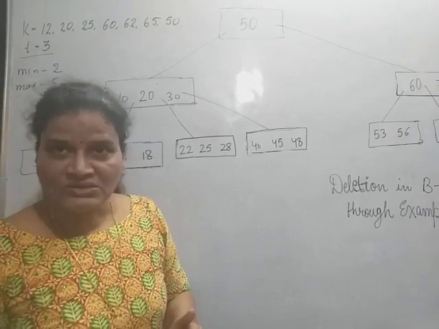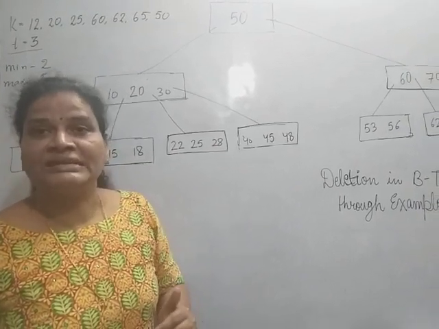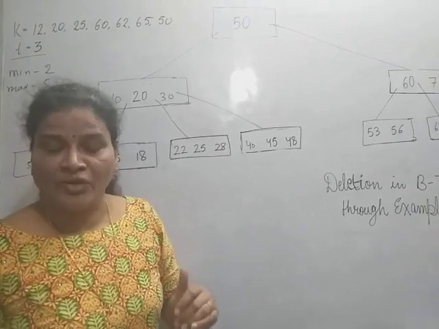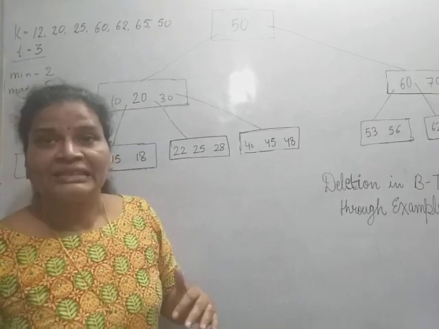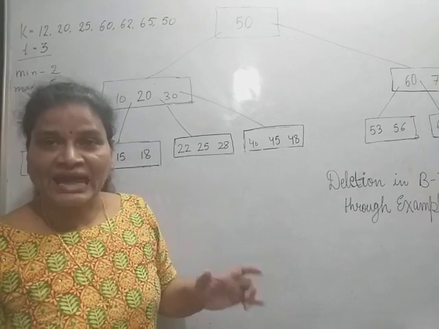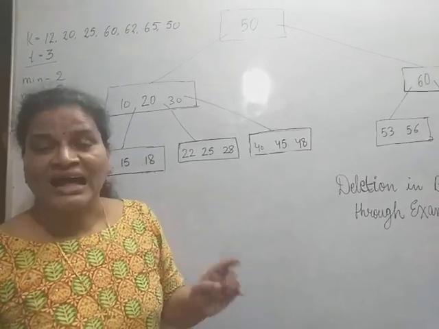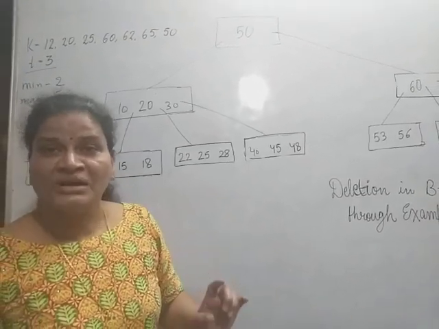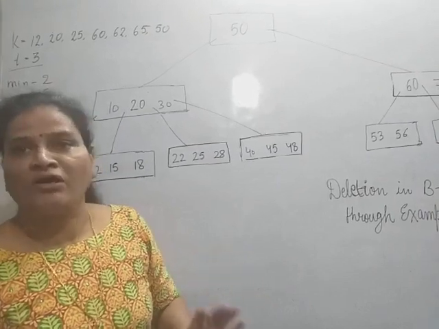So in case of deletion, when we delete any key from the B tree, we move from the root to the leaf, and in that path all the nodes other than the root must contain t number of keys.